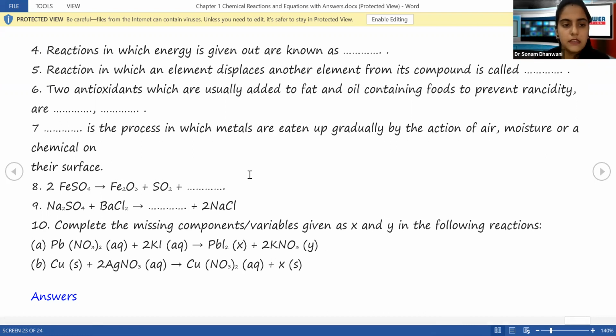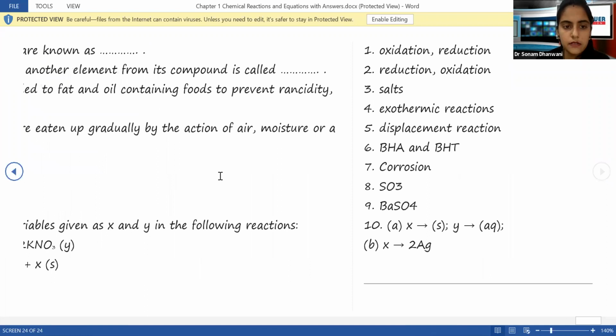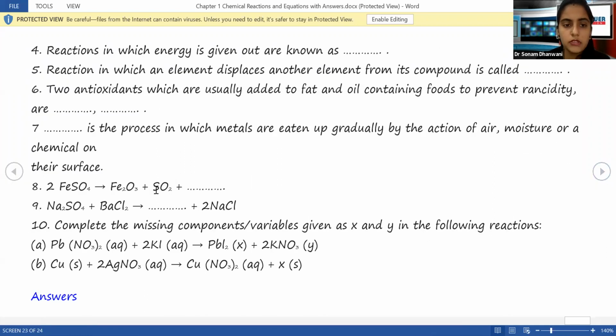Okay? Next, ferrous sulfate forms ferrous oxide plus SO2 plus SO3. Now how many total O do we have? Look, here 2, here 3 and here 3. 3 and 3 is 6, and 2 is 8. Do we have 8 oxygen over here? Yes, the reaction gets balanced. That's it.